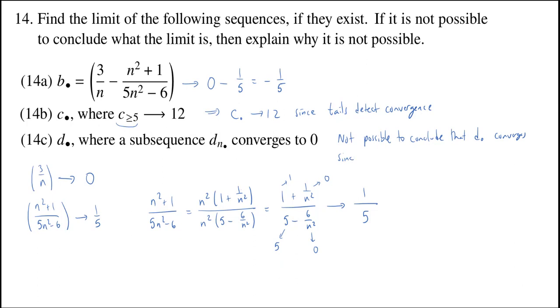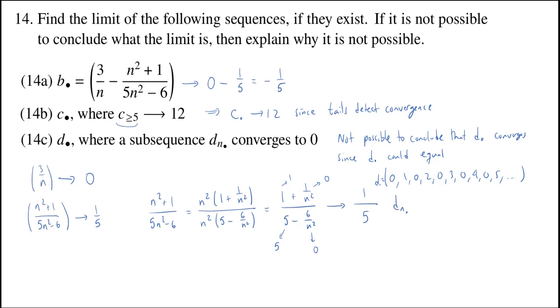Let's do an example. D could equal, well, what if I do 0, 1, 0, 2, 0, 3, 0, 4, 0, 5, etc.? There is a subsequence, namely just take the odd indexed terms, that converges to 0.